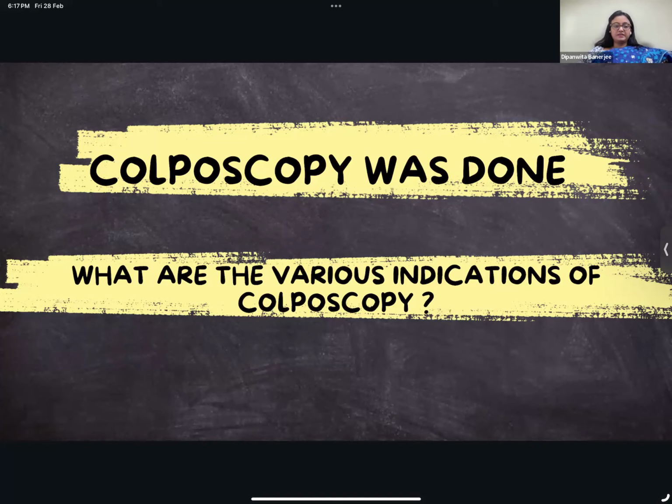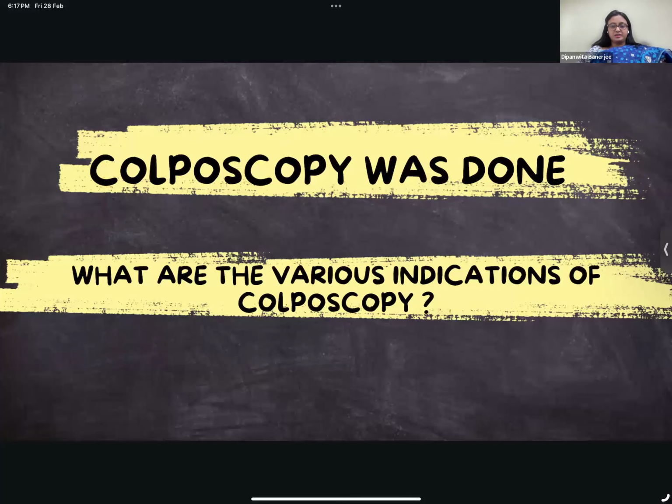Any positive screening test is an indication, whether it is a VIA test, an HPV DNA test, or an abnormal cytology or Pap smear. Apart from that, colposcopy is used for treatment purposes when we are performing a LEEP, a loop procedure.